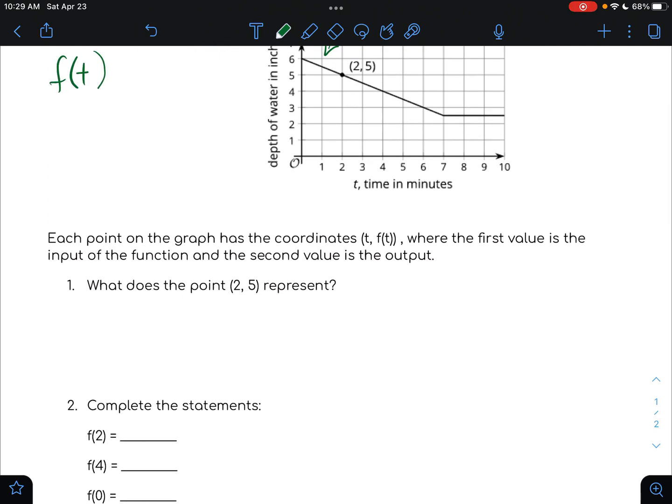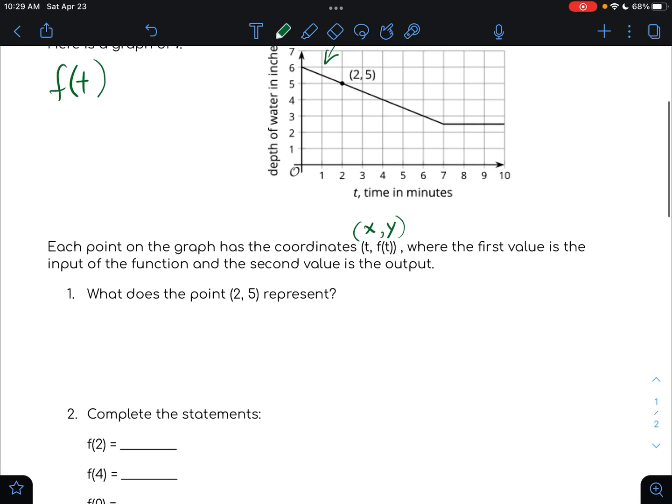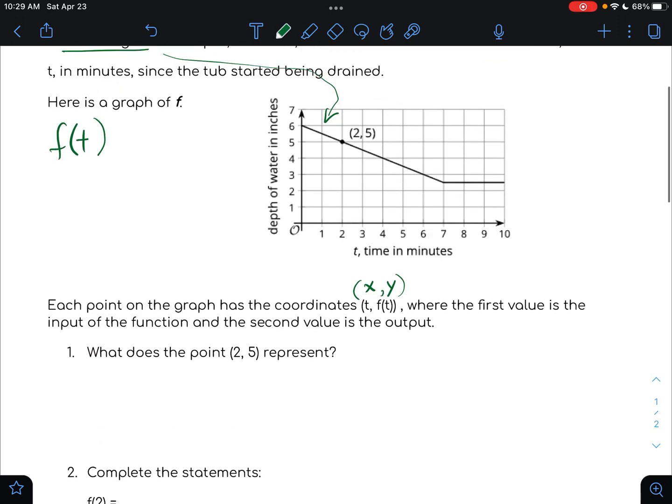Each point on the graph has the coordinates t, f of t. And remember, that's essentially like x comma y, where the first value is the input of the function, the second value is the output of the function. What does the point 2, 5 represent? So what does this point right here, 2, 5 represent? So we got 2, and then we've got 5. So at 2 minutes, we have 5 inches of water.